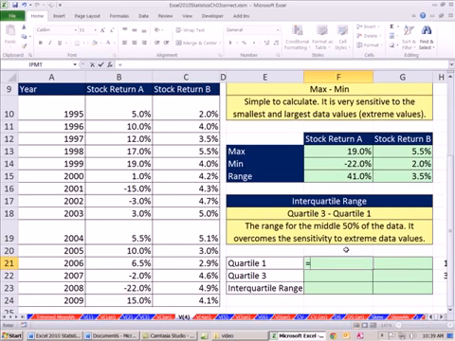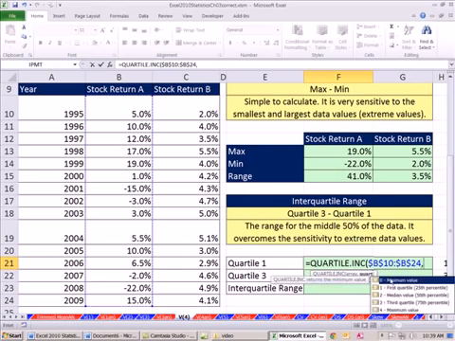So let's calculate quartile 1. I'm going to use quartile.inc. I'm going to get all of my cells right there. And I'm actually going to copy this down because I want to calculate quartile 1 and quartile 3 for stock A. So I'm going to hit my F4 key and lock it.